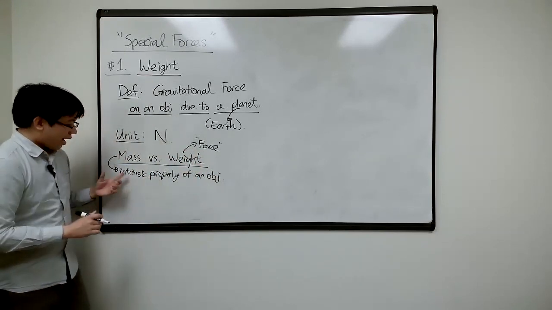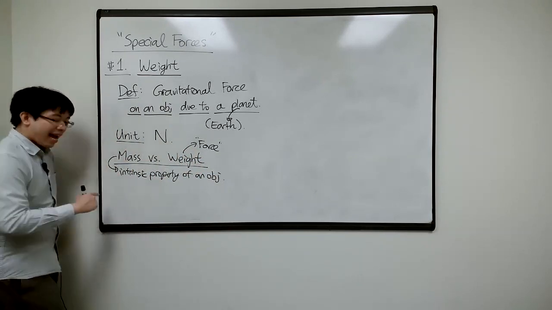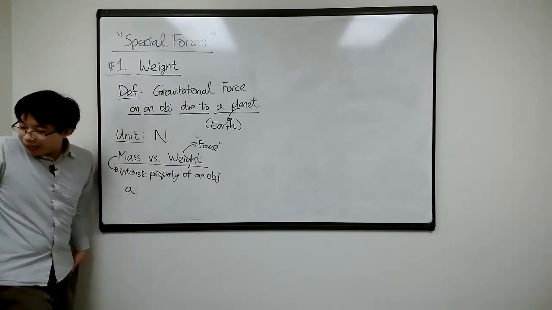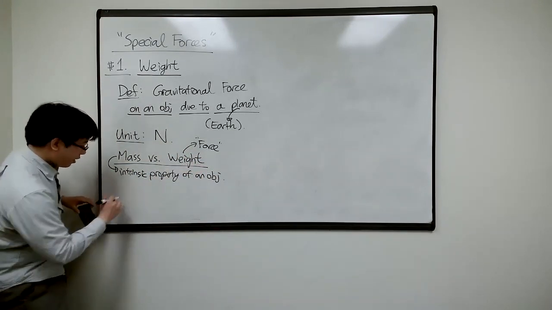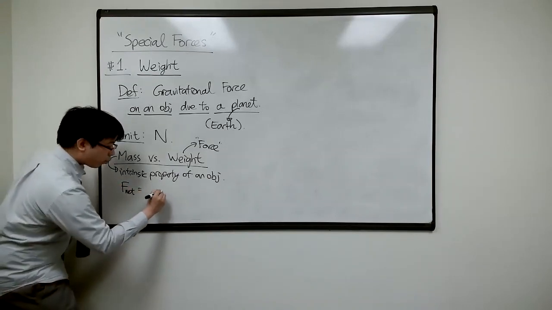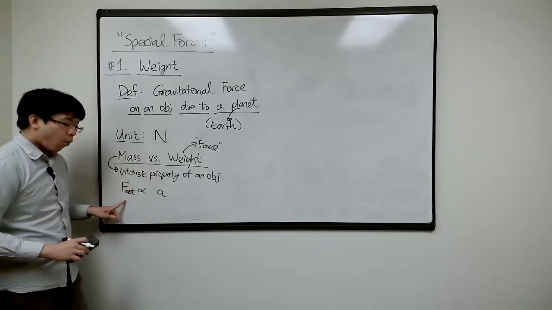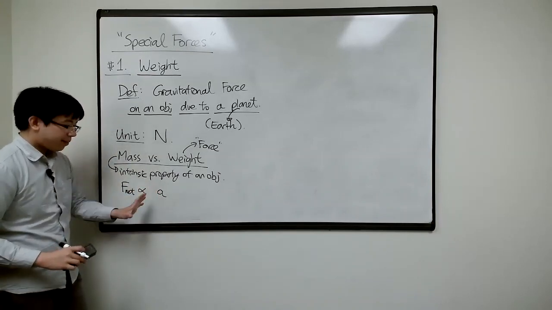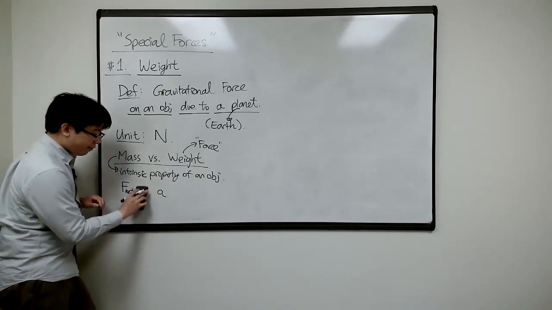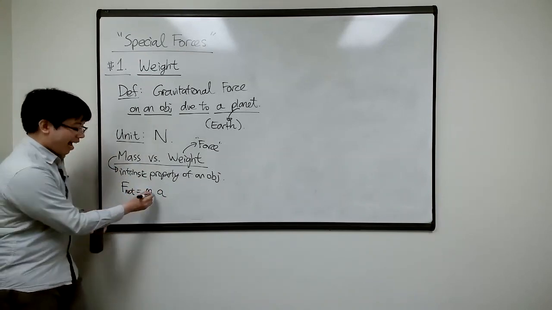Now, remember how mass was defined? Mass was defined as the proportionality constant between force and acceleration. If you apply a net force on something, it will accelerate, right? From Newton's second law, the more net force you apply on something, the faster it will accelerate. That makes intuitive sense. But whenever we have a proportionality, we can make a constant, and that is mass.